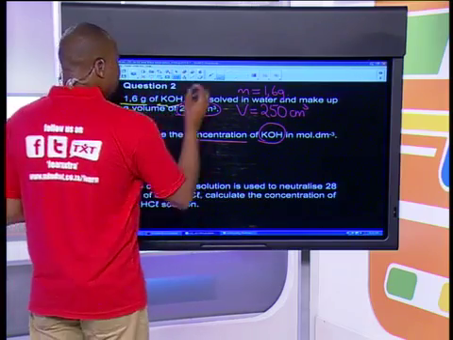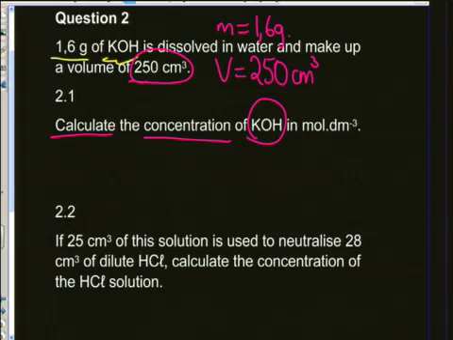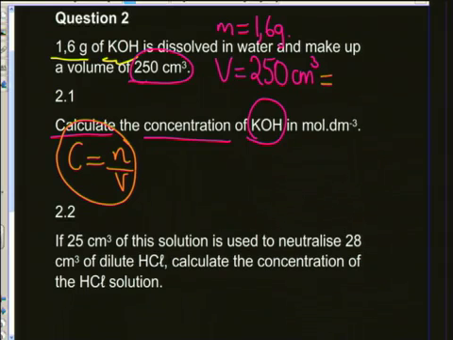We don't have the number of moles, we have got mass. We do have the volume, and of course we will have to convert it into cubic decimeters by dividing by 1,000, and that is 0.25 cubic decimeters, because that is the unit of the volume that we work in.